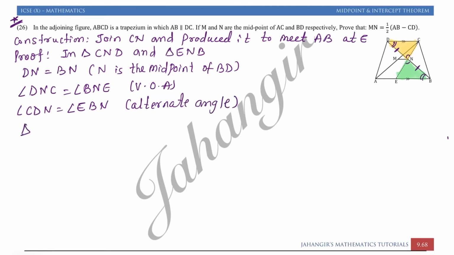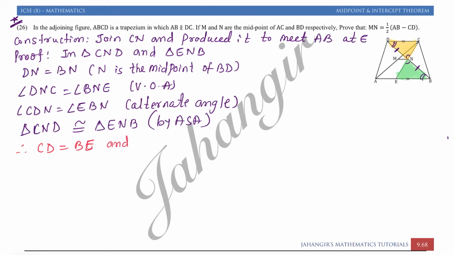So therefore my triangle CDN is now congruent to triangle EBN by angle side angle test for congruency. Once this triangle is congruent, therefore we can say by CPCT, CD is equal to BE and DN is equal to BN, corresponding parts of congruent triangles. See, this side is equal to this side and this side is equal to this side.